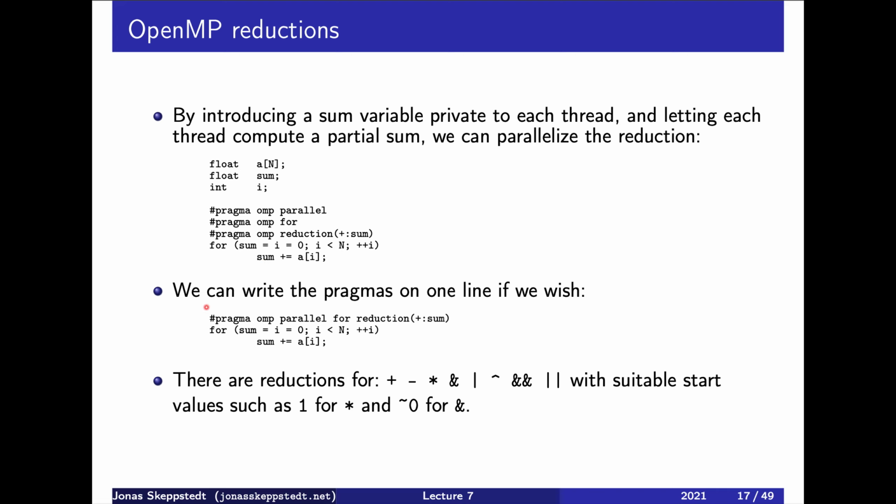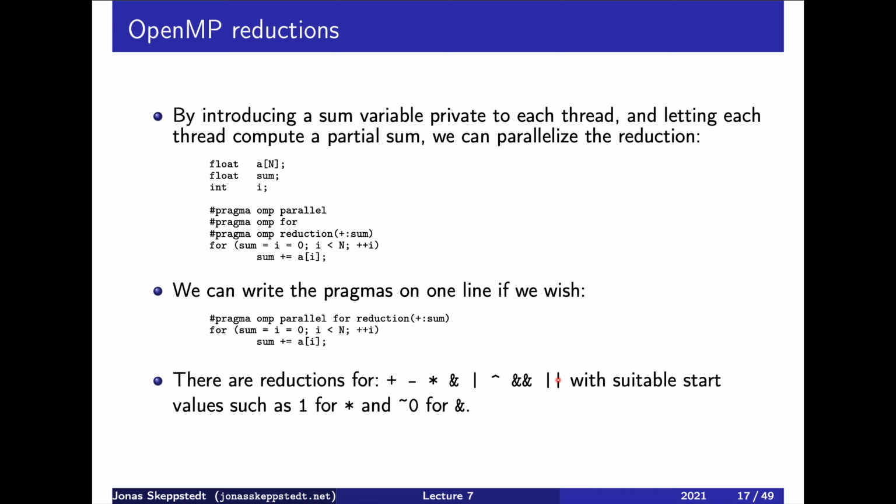Okay, so we can write all of this in one line. Basically the only thing we have to do is to insert this line, and all the details will be taken care of by the compiler and runtime system. Okay, and we can use reductions not only for addition but for these as well.